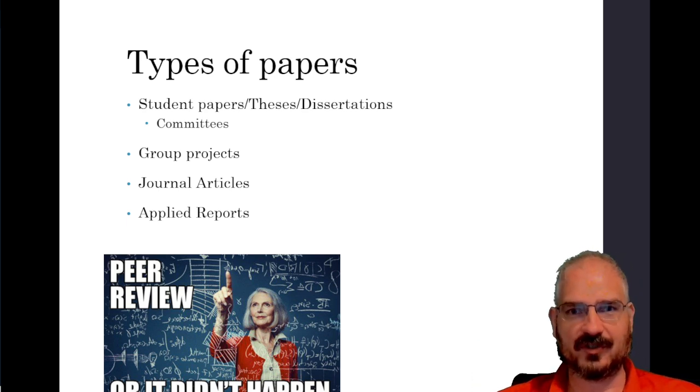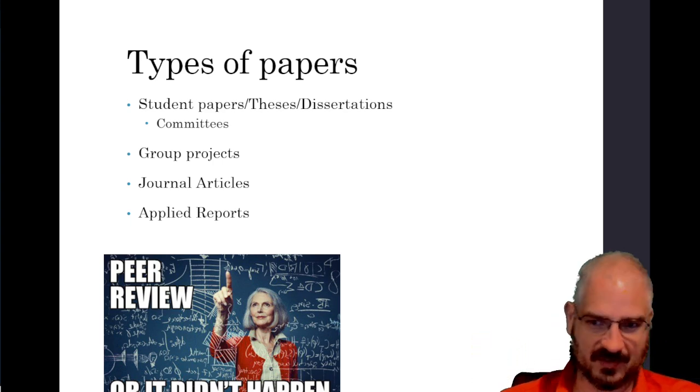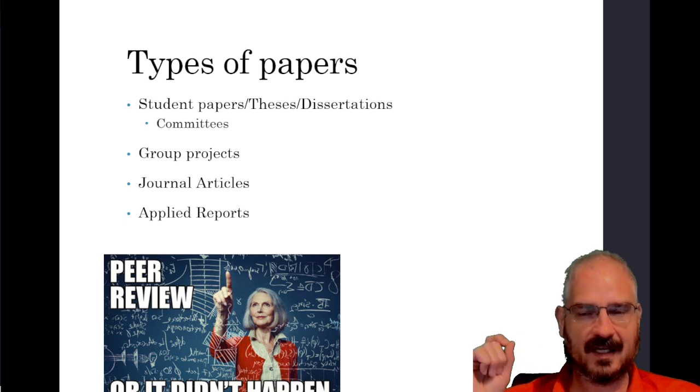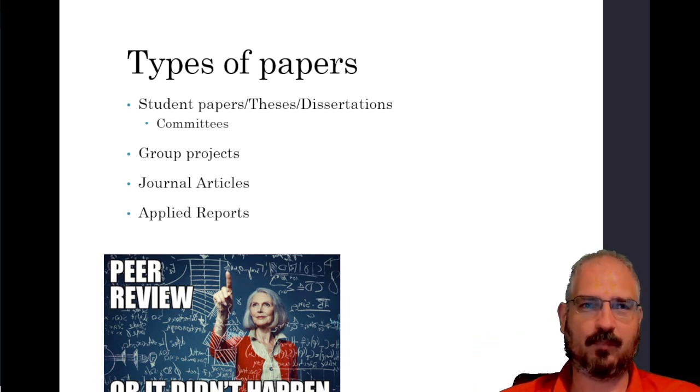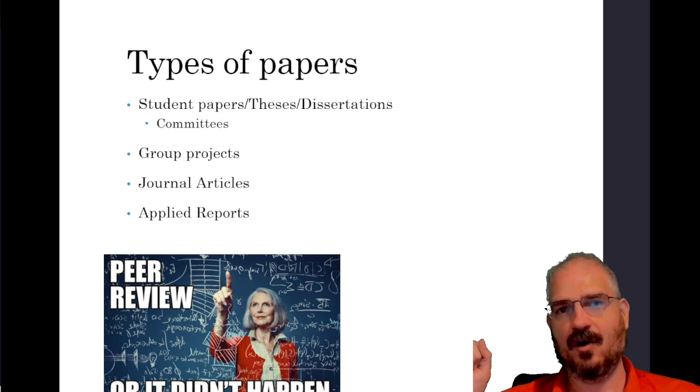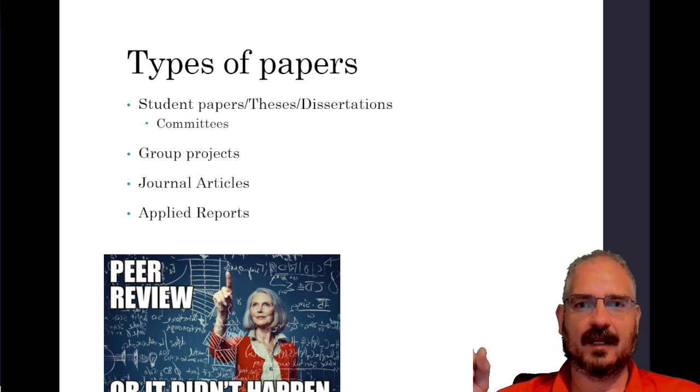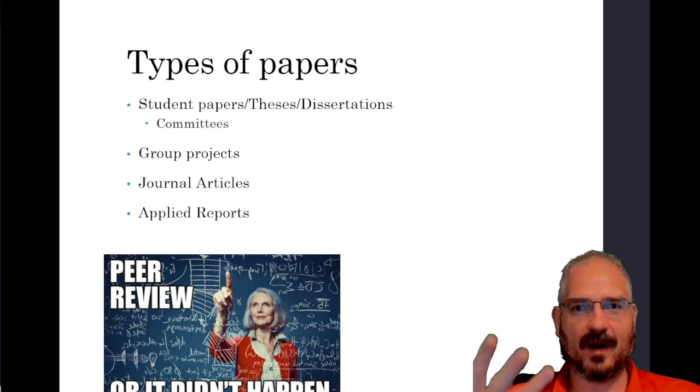Once those 3 reviewers get through it, they tear into it. They say, oh, there's this problem, and this problem, and this problem, and they do their best to point out any little deficiency, any mistakes, any oversights. And then they give a recommendation to the publisher. That recommendation can be one of 3 things.